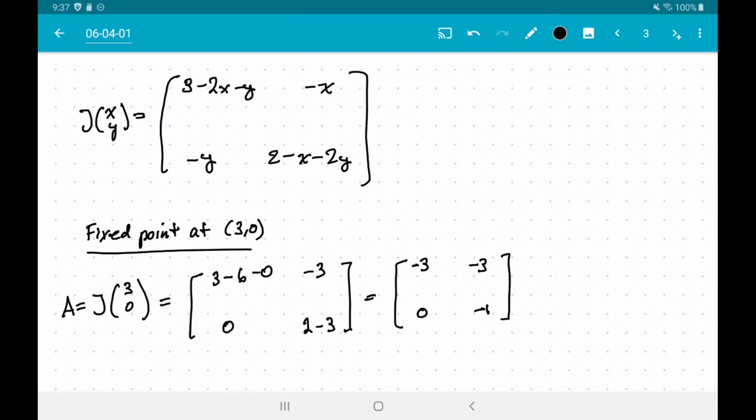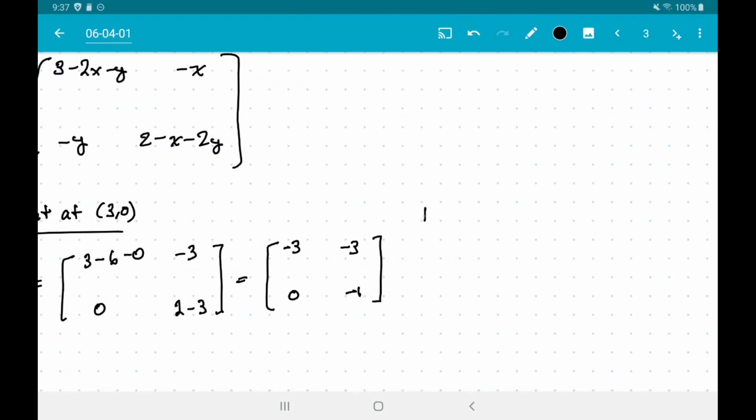Now, I mentioned on the previous example that when you're looking at a diagonal matrix, the eigenvalues are on the diagonal. It turns out that's actually also true for a triangular matrix. So you can see here, this is a triangular matrix.